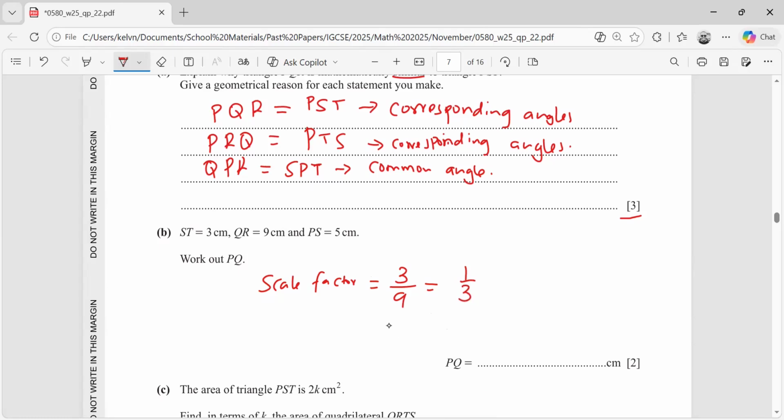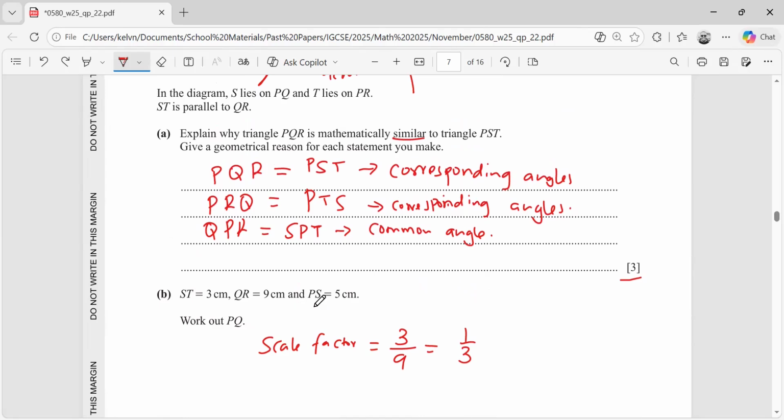It depends on how you want your scale factor to be. Some people will just use 9 over 3, and then they'll have their scale factor as 3 over 1. Sometimes I like to start with the smaller one on top and the larger one at the bottom. Then this scale factor can help us find values for any other line. For example, the line similar to PQ is PS.